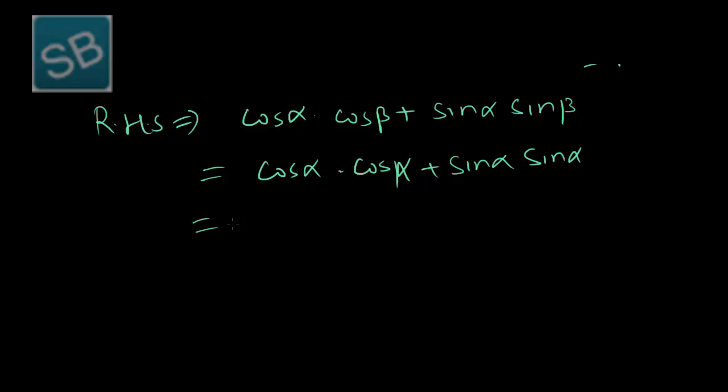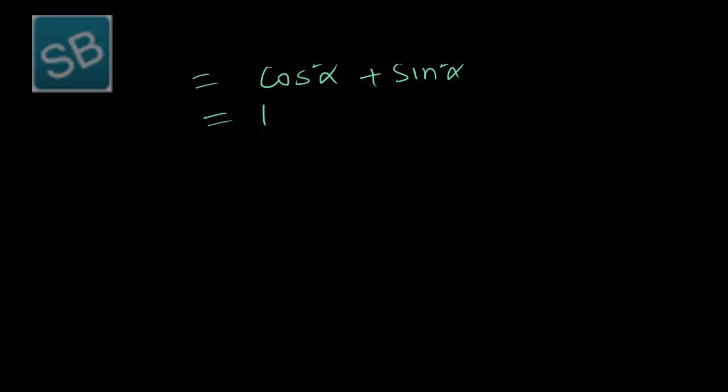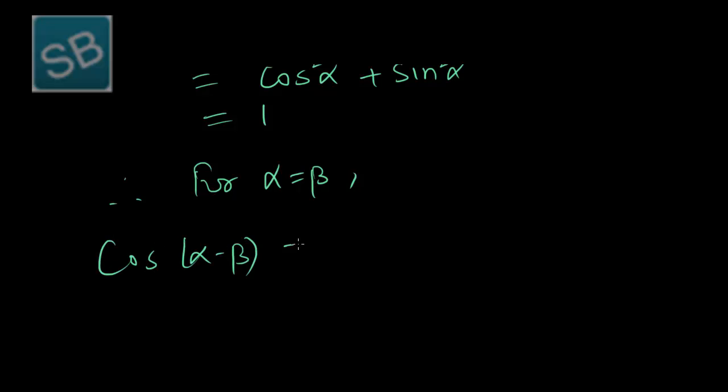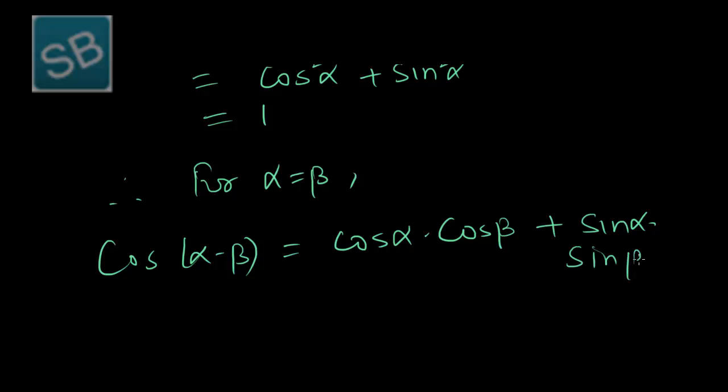That gives cos square alpha plus sin square alpha, that is 1. So the right hand side is equal to the left hand side for alpha equal to beta. Therefore, for alpha equal to beta, cos of alpha minus beta is equal to cos alpha into cos beta plus sin alpha into sin beta.